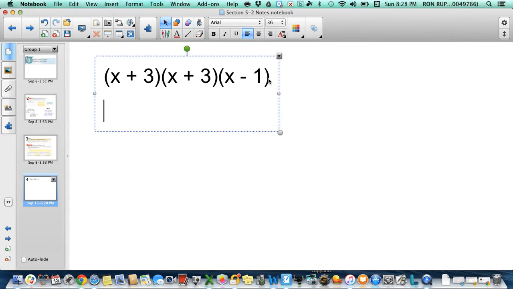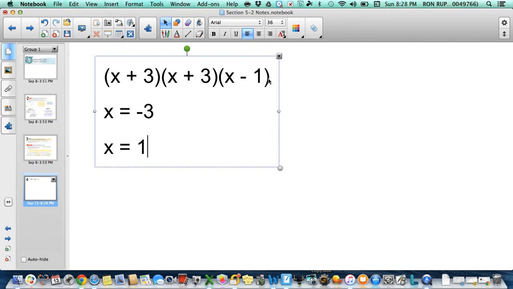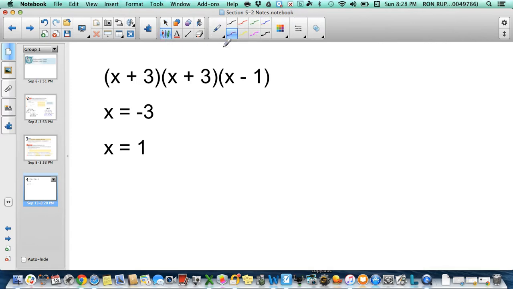If we set those factors equal to 0, we'll see that I get x equals negative 3 and x equals 1. And so because x plus 3 occurs 2 times, that means it has a multiplicity of 2. I'm just going to go ahead and write it.